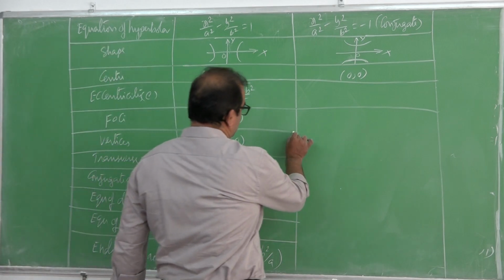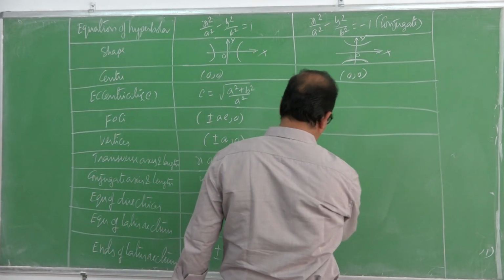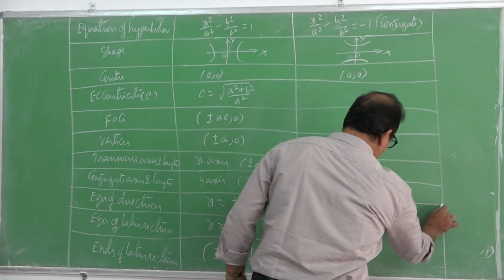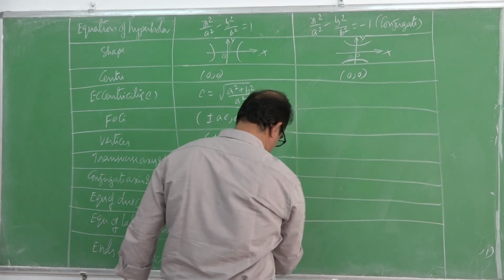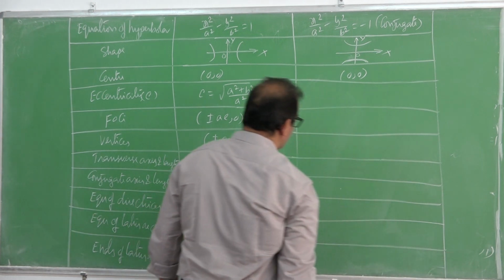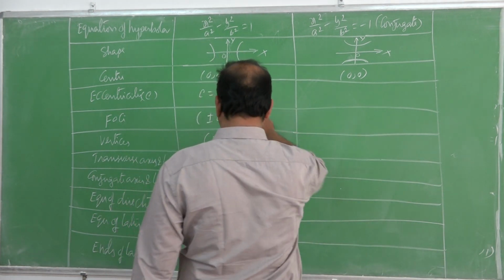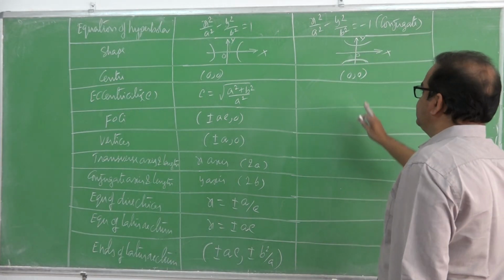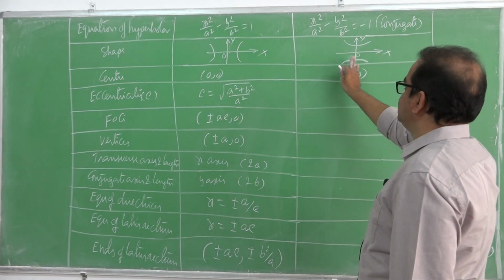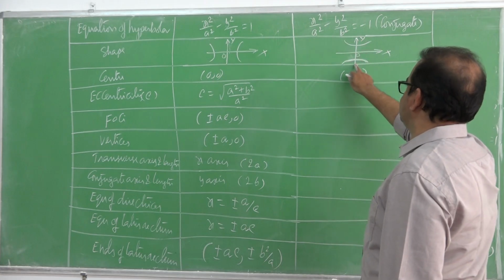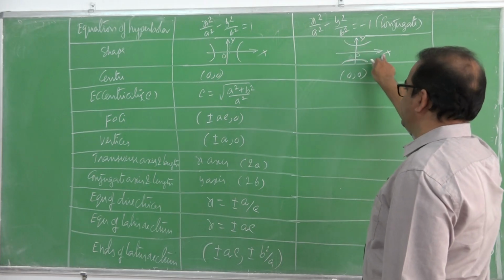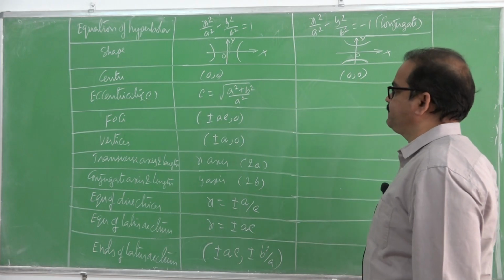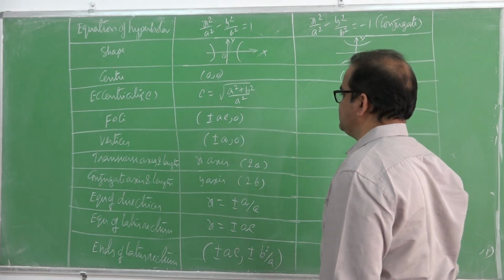Next, write these measurements for this hyperbola. In this, you observe that in this hyperbola, transverse axis is y-axis, conjugate axis is x-axis. Just interchange B with A. Here A and B are interchanged.